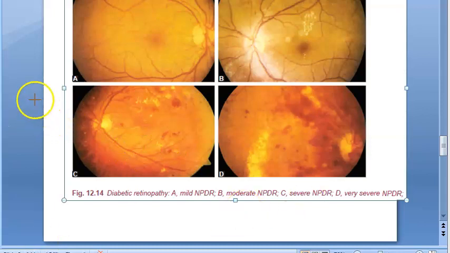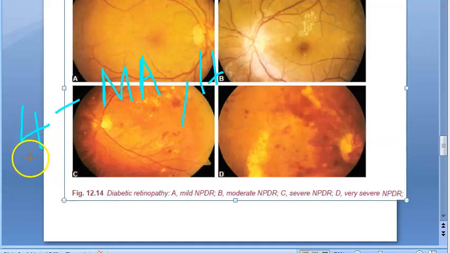So what are they saying? Any one of these: 4 quadrants of microaneurysm, intraretinal hemorrhage, extensive intraretinal hemorrhage, or 2 quadrants of venous beading, B-E-A-D-I-N-G.